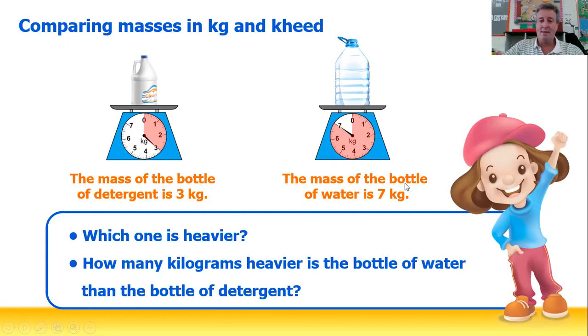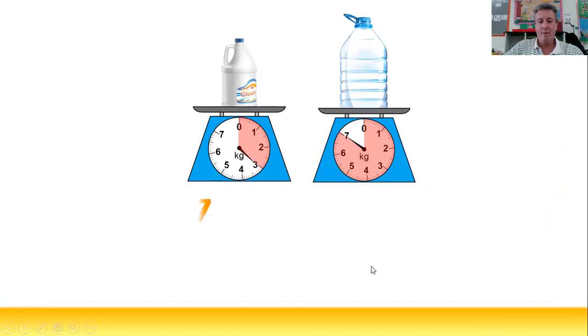So that's an easy sum. We just do our subtraction. We use our minus. And we say 7 minus 3 equals 4. So the water is 4 kilograms heavier.